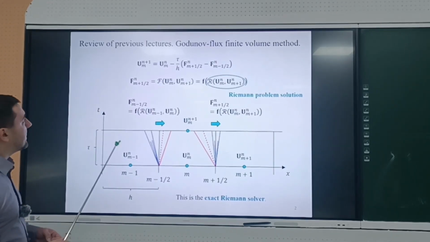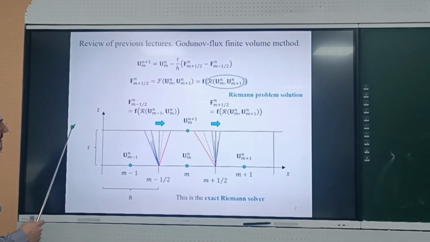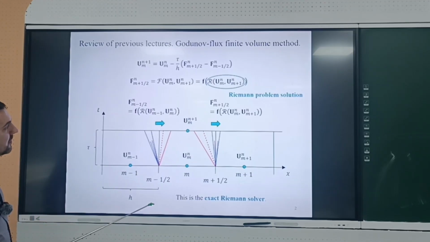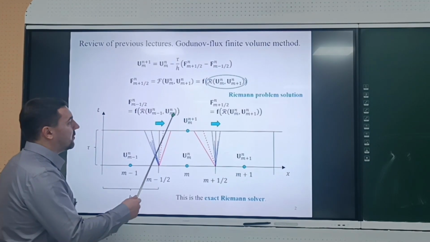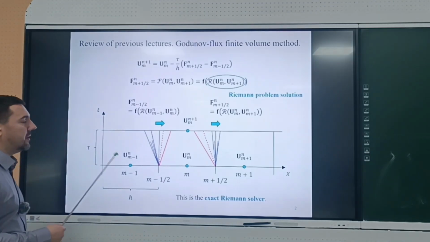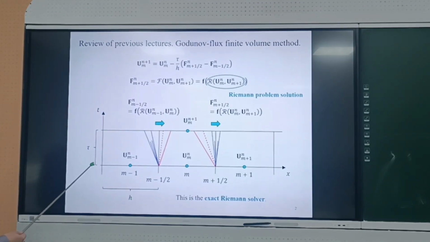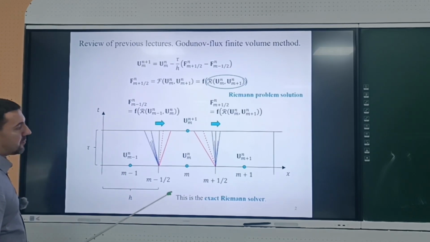So in previous lectures we discussed the finite volume methods for Euler equations, and one of the best methods with unique properties, at least, is the Godunov method. The Godunov method for the numerical solution of Euler equations is based on the exact solution of the Riemann problem.